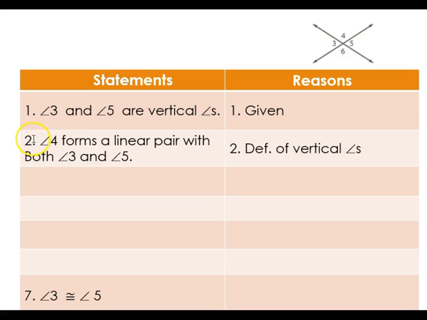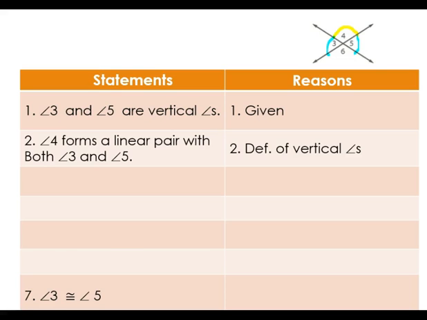Our second statement, angle 4 forms a linear pair with both angle 3 and angle 5. So angle 4 forms this linear pair with both of these angles, angle 3 and angle 5.